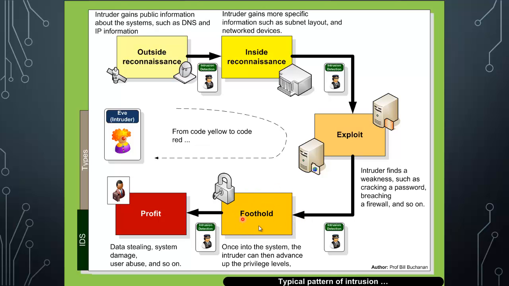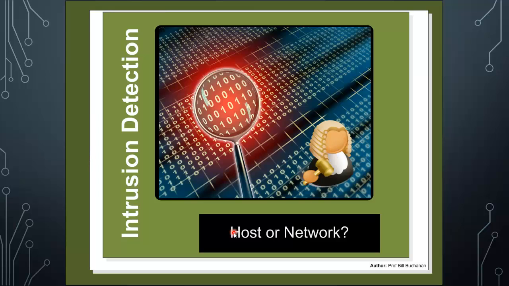After this, the intruder may get a foothold, maybe at a low-level access, and then move up through the different levels to gain a foothold onto the system, then move on to profit. So it really goes from yellow to red, and what we need to do with IDS systems is at each stage try to detect that something is happening.